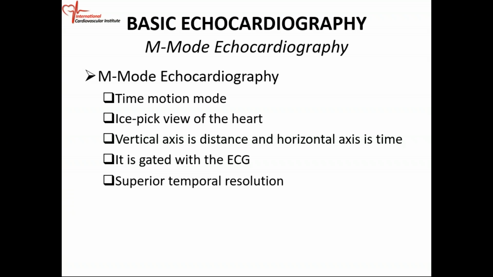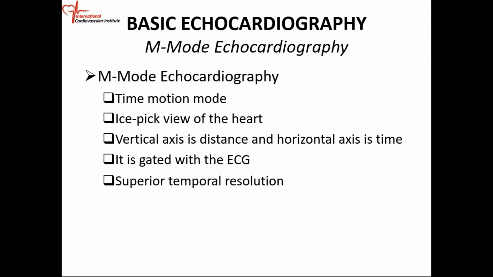In a cadaver they would stick an ice pick into a portion of the heart, image it, and then when they opened it, they would look and see what it corresponds to, and that helped them to determine the different structures. Again, on the vertical axis, you have distance or displacement, and on the horizontal axis, you have time.